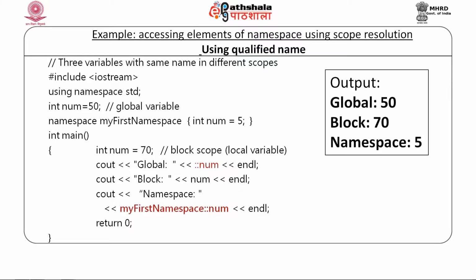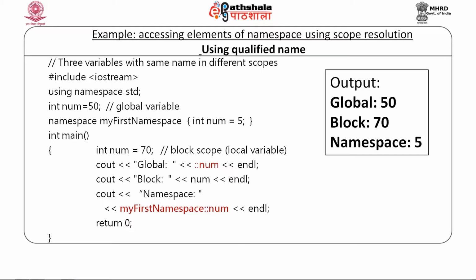After that, we have created one namespace, say MyFirstNamespace, and it has one element which is the variable num having value 5, and the third place where we have declared variable num is in the main function, in the block of the main. So, it is a local variable in the block scope. So, we have declared 3 variables with the same name in different scopes. The first one is at global scope, the second one is in the user defined namespace, where the name of the namespace is MyFirstNamespace, and the third declaration is in the block.